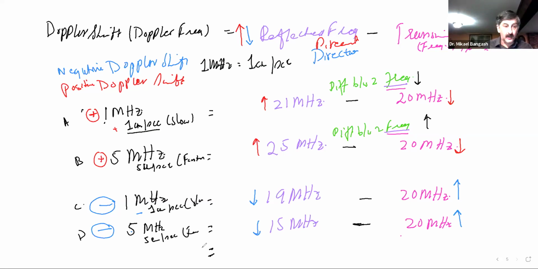Let's say our transmitted frequency was 20 megahertz. What would be the case if your reflected frequency also was 20 megahertz?